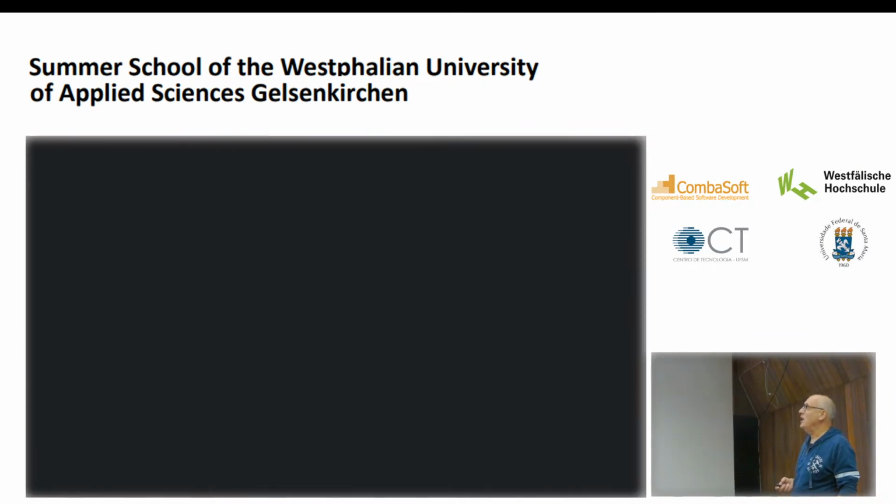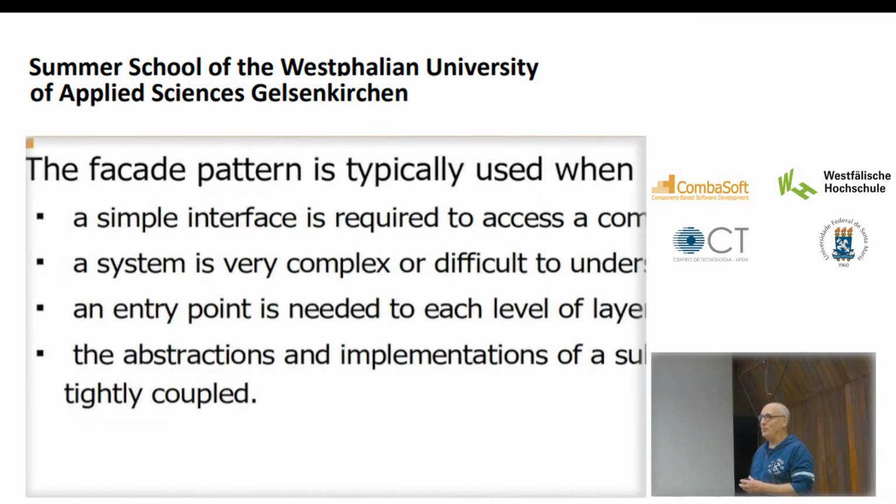So, the facade is typically used when a simple interface is required to access a complex system. We have a complex system, but we supply only a simple interface to people. Some people only want to know very little out of the large system. The system is very complex and difficult to understand. If it is like this, then you have to tell every client how complex it is, and he has to learn the system.